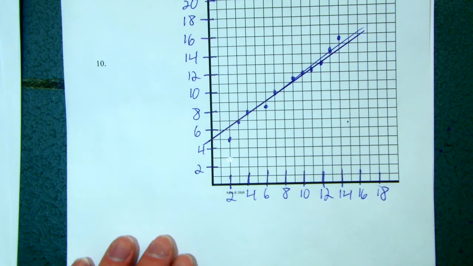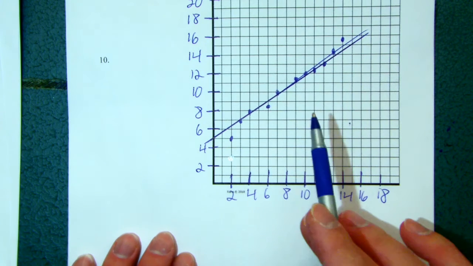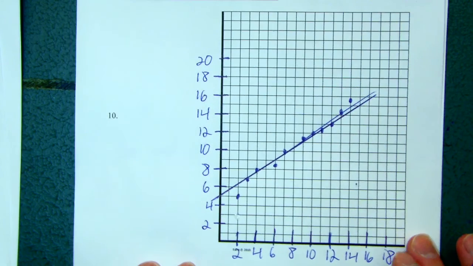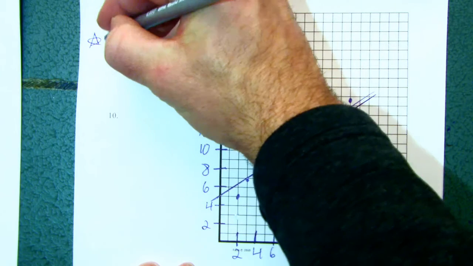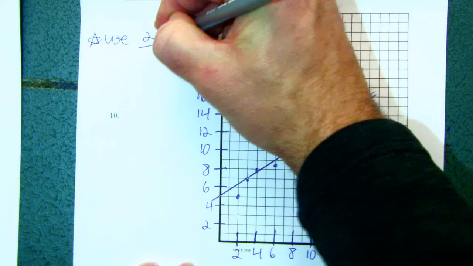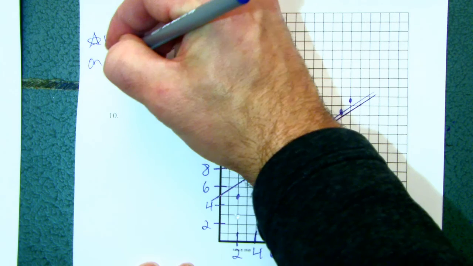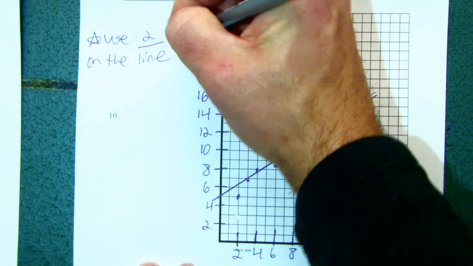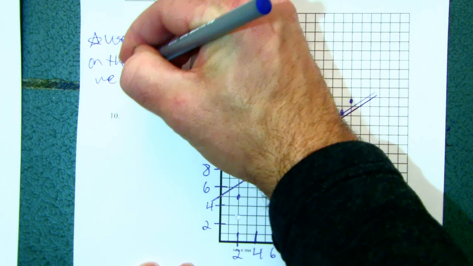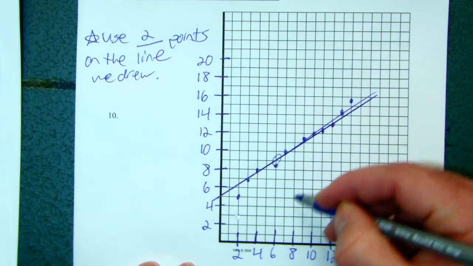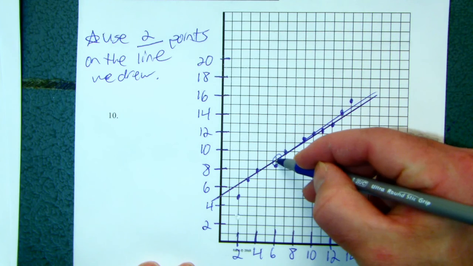All right, so once you draw that line of best fit, your job is to find 2 points on your line of best fit, the line that you drew. So I'm going to go right there, that's 6, 9.